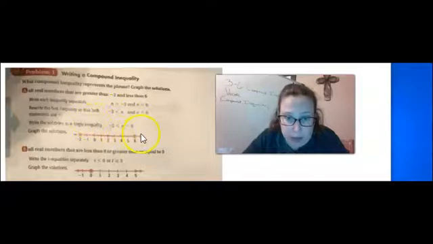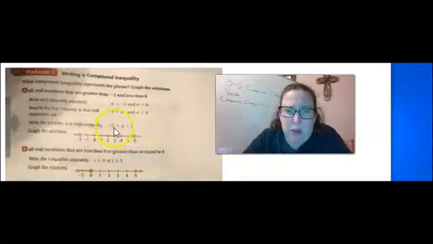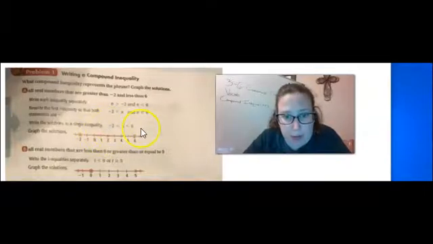Or you can actually combine them and make it look like this. When you're combining these, you are always going to have your smaller number on the left, bigger number on the right, and your inequalities are always going to be facing this way. So you'll notice a similarity amongst the ands.